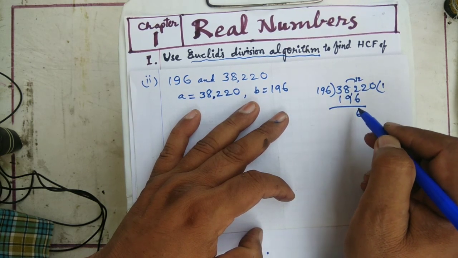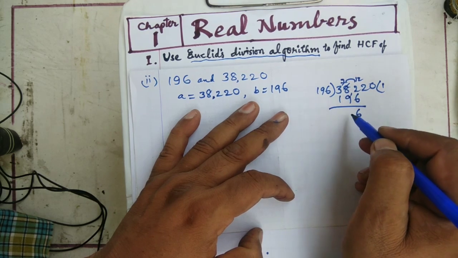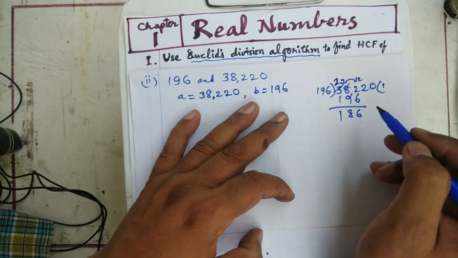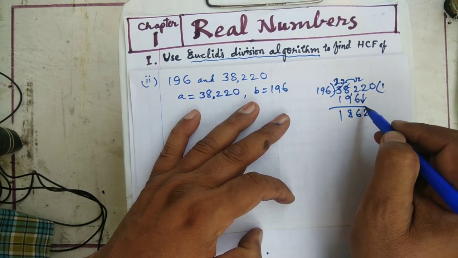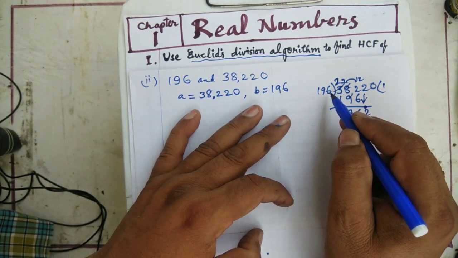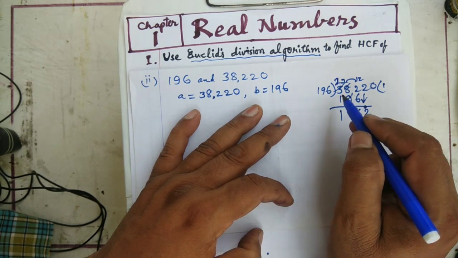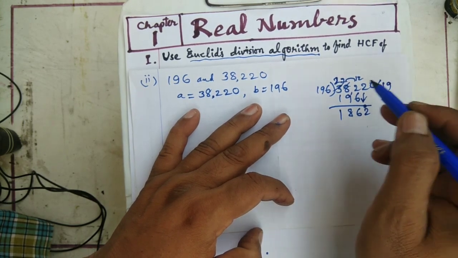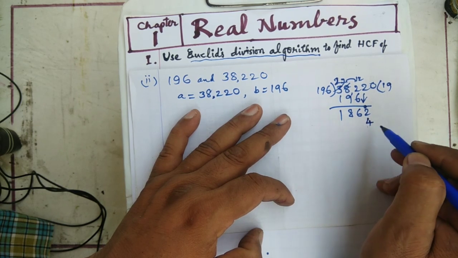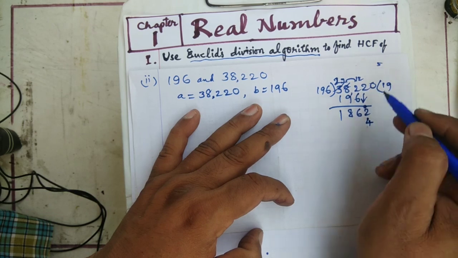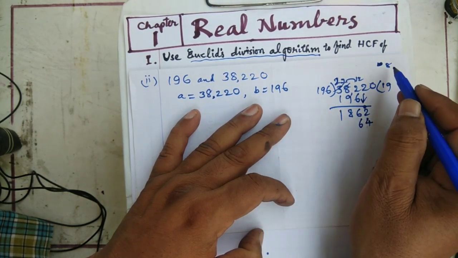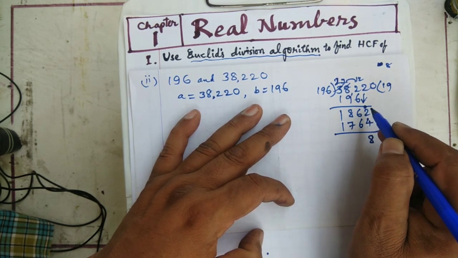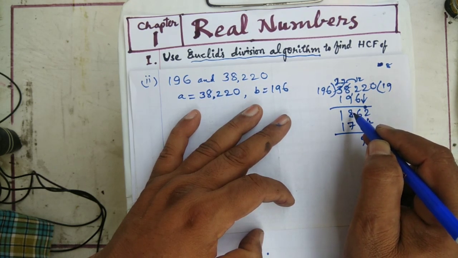12 minus 6, 6. 17 minus 9, 8. 2 minus 1, 1. 196 is nearer to 200, so 9 times: 9 sixes are 54, 9 nines are 81, 86, 9 ones are 9, 8, 17. 12 minus 4, 8. 15 minus 6, 9, 0.